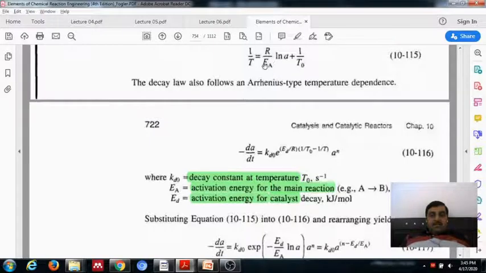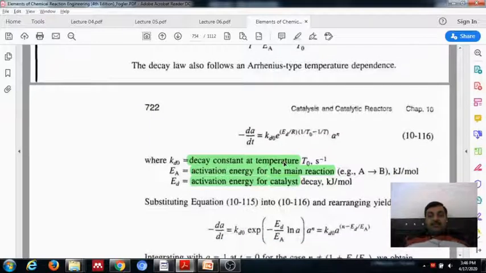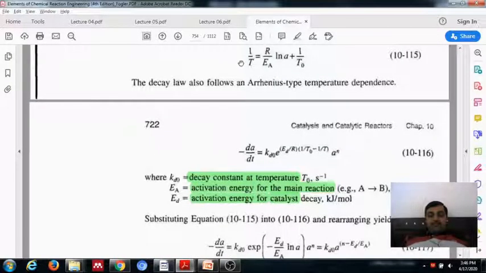This EA is activation energy for reaction. Ed is activation energy for deactivation or catalyst decay. Now you have found out this term, 1 by T equals R by EA ln A plus 1 by T0.